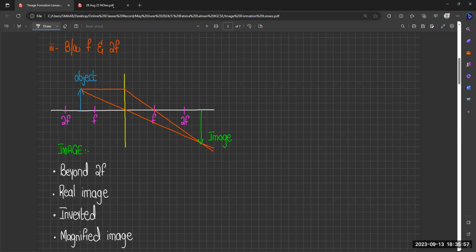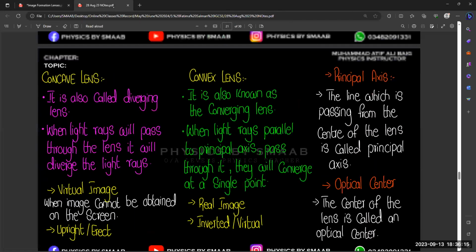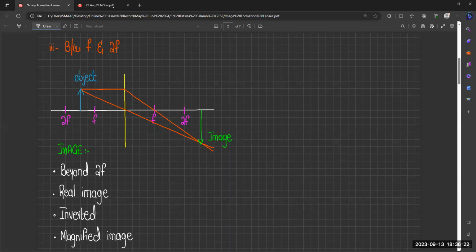Okay, now we discuss all the concepts related to the real image, right? But what if the image formed from the convex lens is virtual? Because in the notes we discussed that convex will make both real image and virtual image, right? So we have to discuss the fourth case that is related to the virtual image.